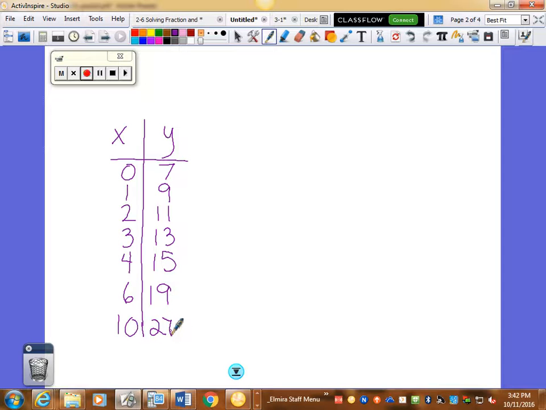So we have some data, and up until this point, I could easily figure out what equation made this data. For that you need the rate of change and you need the y-intercept, and then you can write an mx plus b.